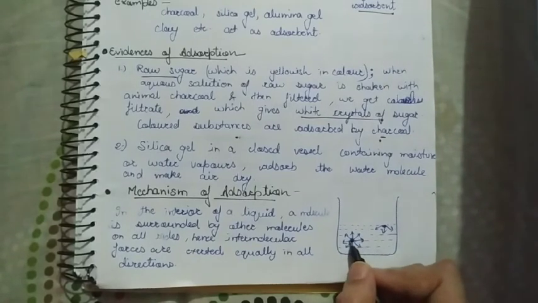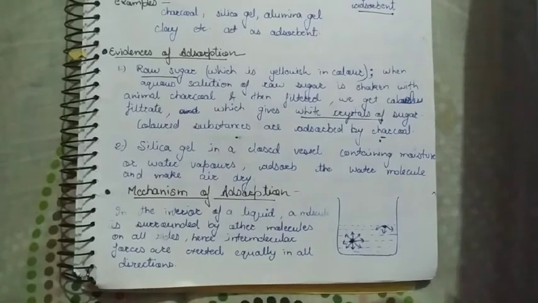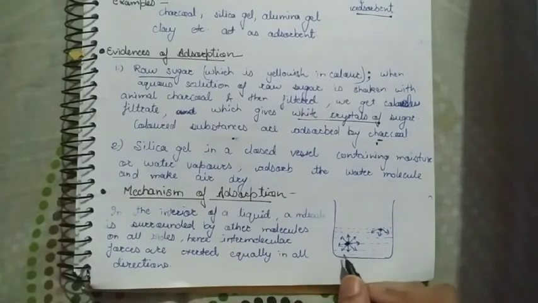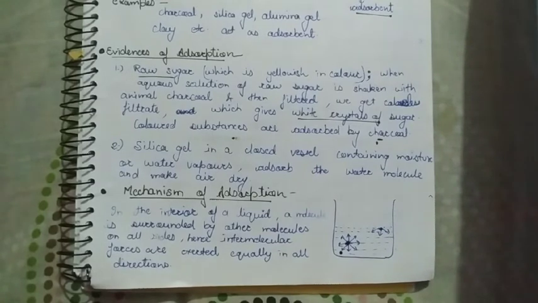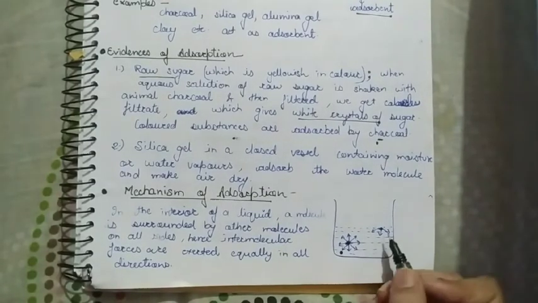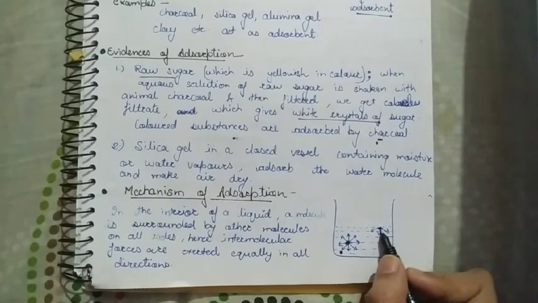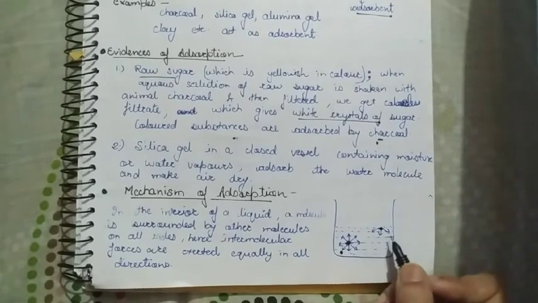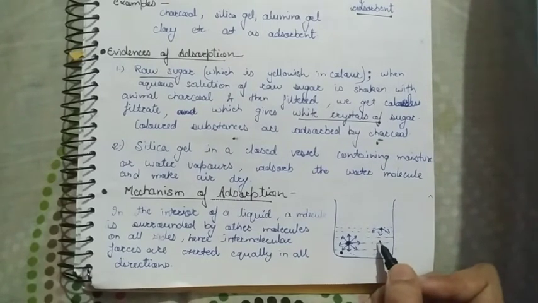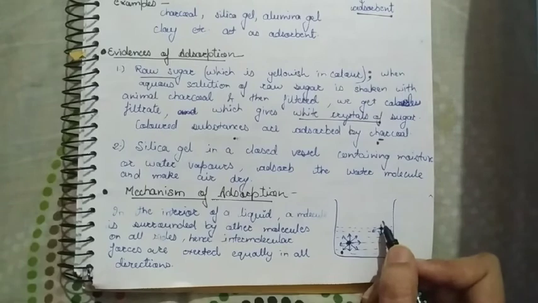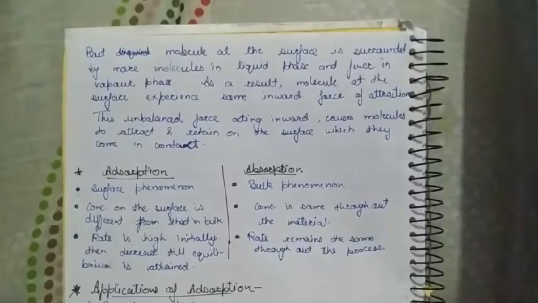Every molecule around this molecule will exert a force which is compensated by another molecule on the other side. But this is not the case for the molecule at the surface, since this molecule has a different concentration of molecules on this side, that is the liquid phase, and the vapor or gaseous phase.